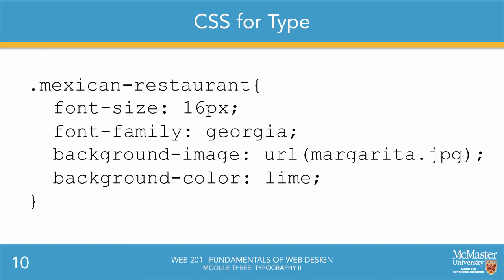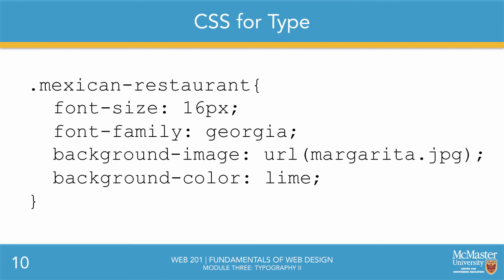The next line says that the font-family, or the font family, is Georgia. So something about a family of fonts is related to the font Georgia. There's a background image with a URL of margarita.jpg.